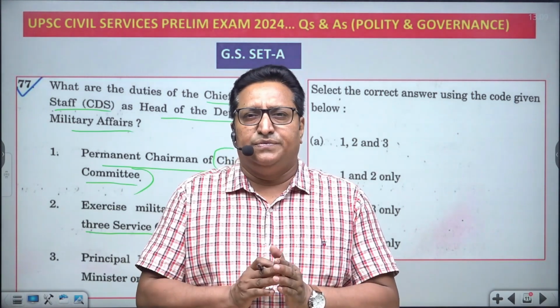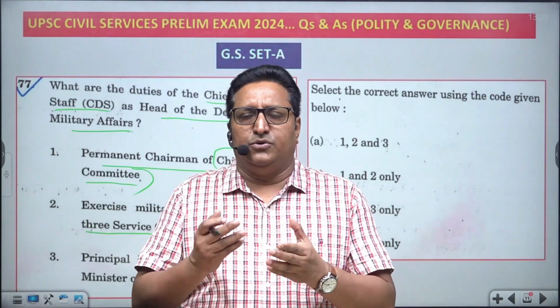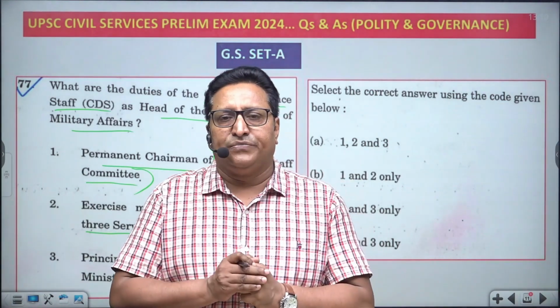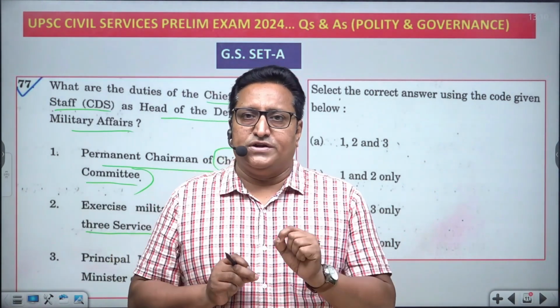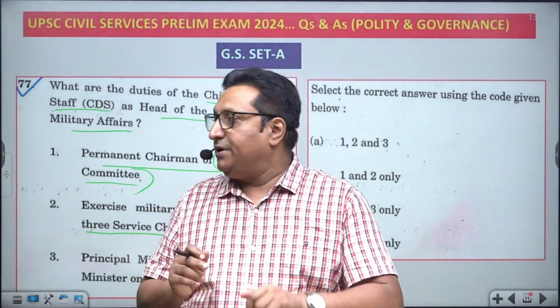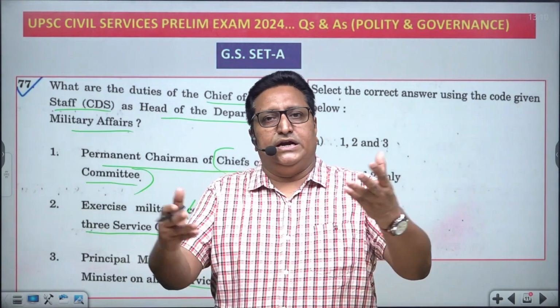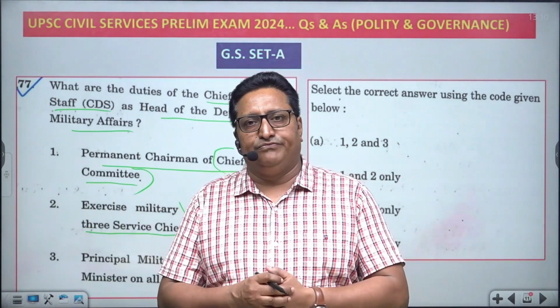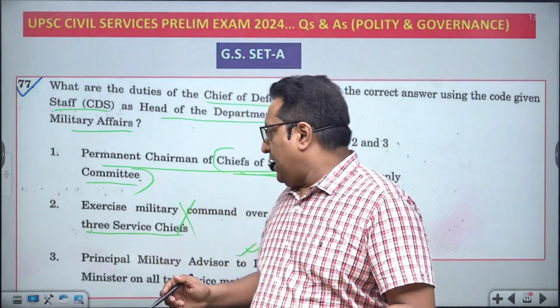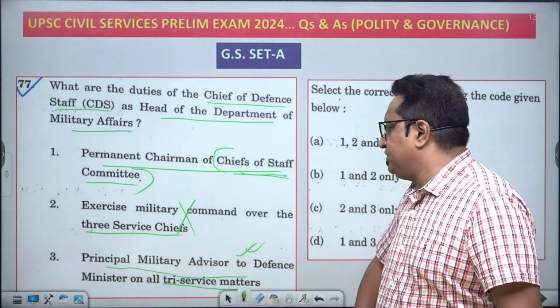However, this created a problem of coordination and no effective communication, and therefore now there would be one point of contact. So CDS would be part of this committee, and as such he would have information relating to all three wings of the defence forces, and he will be the principal military advisor to the defence minister.